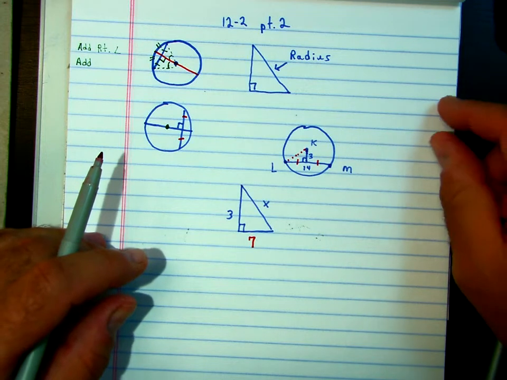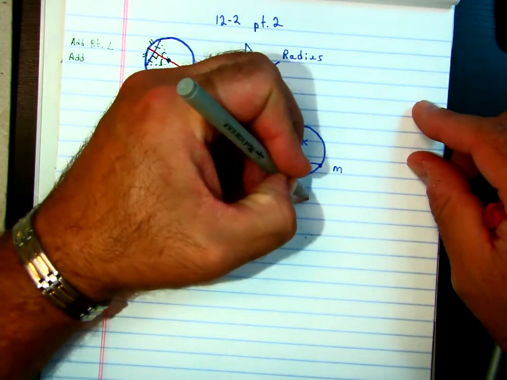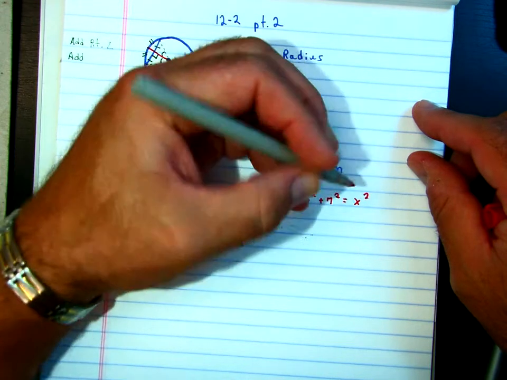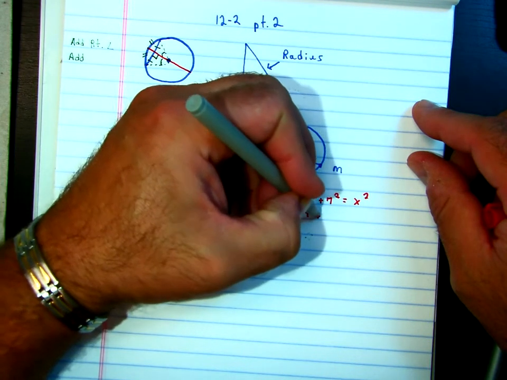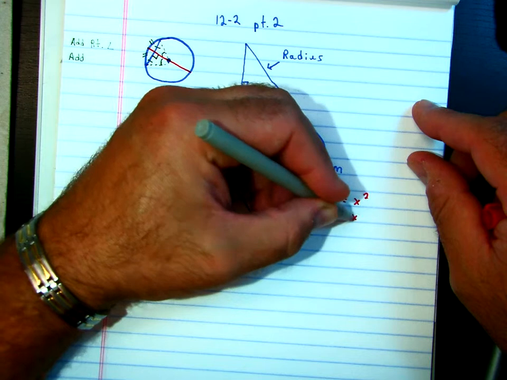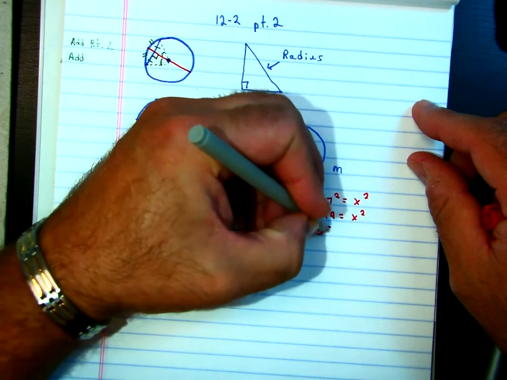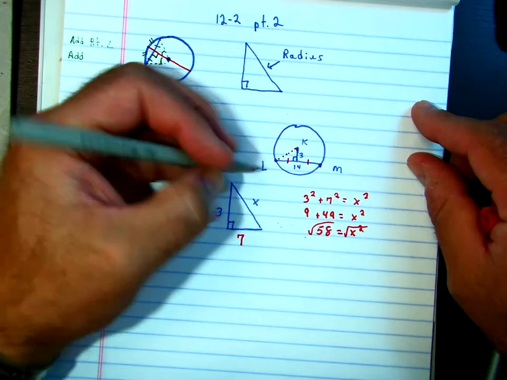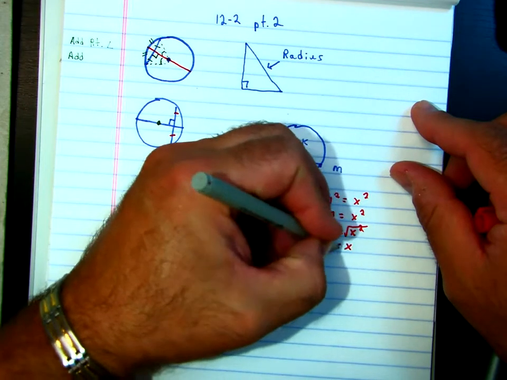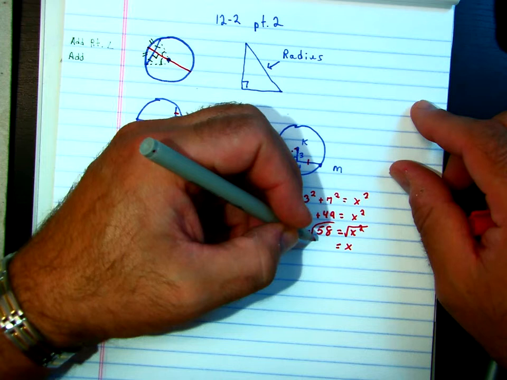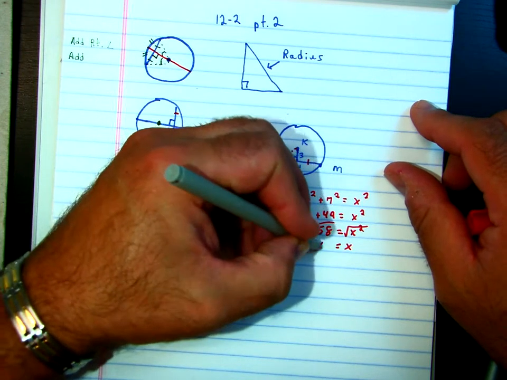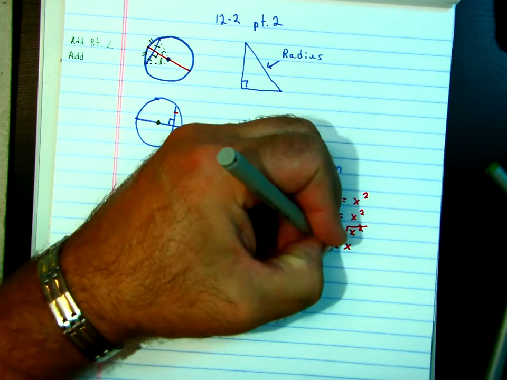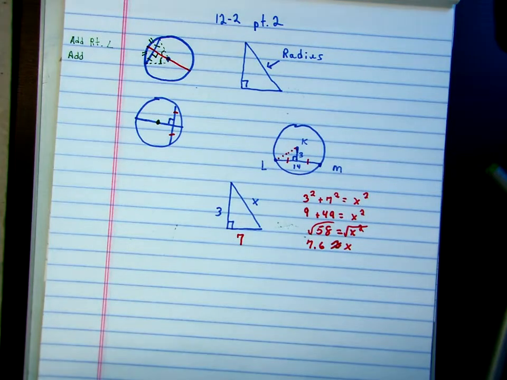And then I use my Pythagorean theorem. 3 squared plus 7 squared equals x squared. This is 9 plus 49 equals x squared. This is 58 equals x squared. You square root it. And you get x equals 7.6, or around there. Okay, approximately. So because we're rounding, we use the approximate sign.